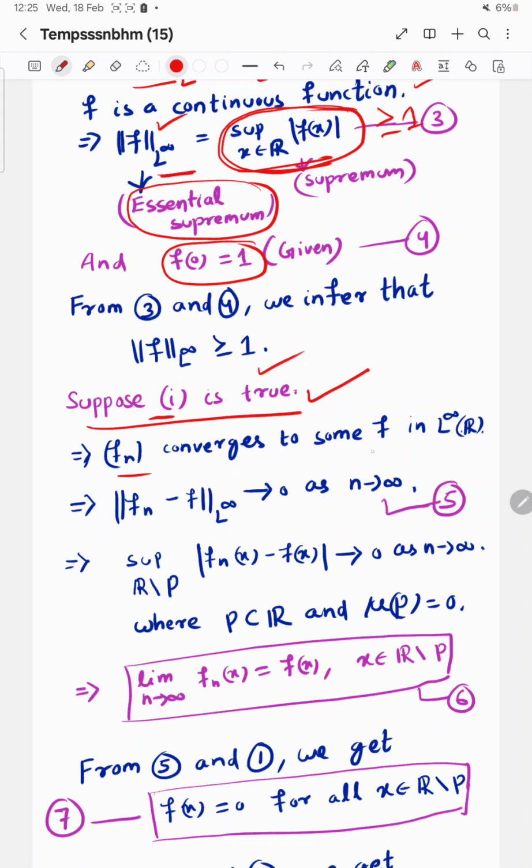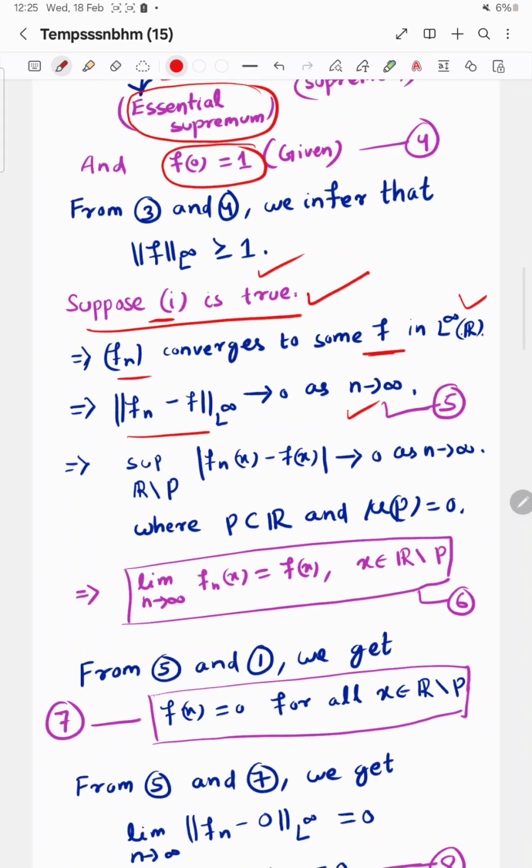Option 1 being true means our sequence Fn converges to some function f in the L infinity R space. This implies that the L infinity norm of Fn minus f converges to 0 as n goes to infinity.